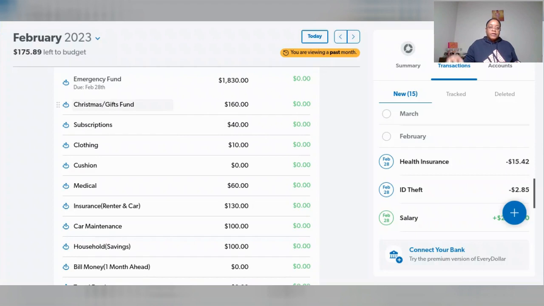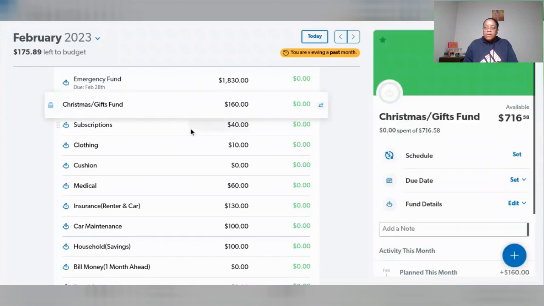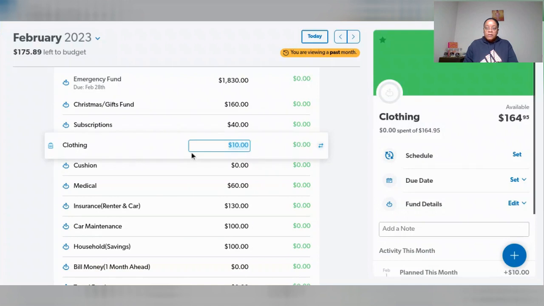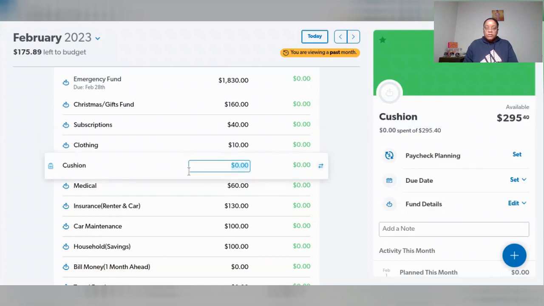I could just reach over here and get it, but I don't feel like making all that noise. So Christmas and gifts was supposed to be 160, subscriptions are 40, my clothing is 10, and my cushion is 0 because I'm not adding to that.